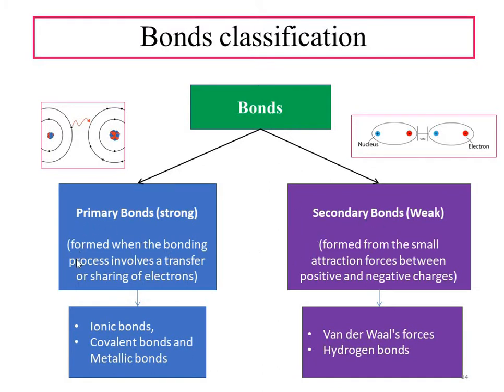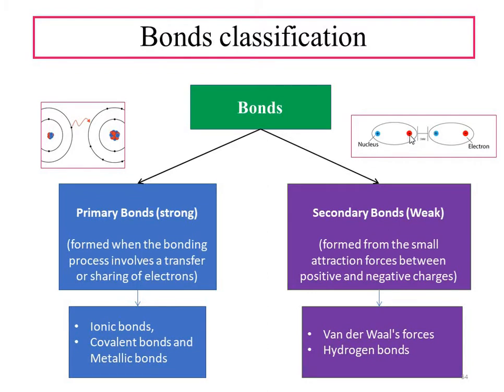The primary bonds are formed when the bonding process involves a transfer or sharing of electrons. In secondary bonds, no transfer or sharing occurs. It happens due to polarity or attraction, because a positive accumulated charge is here and a negative accumulated charge of another atom is there.